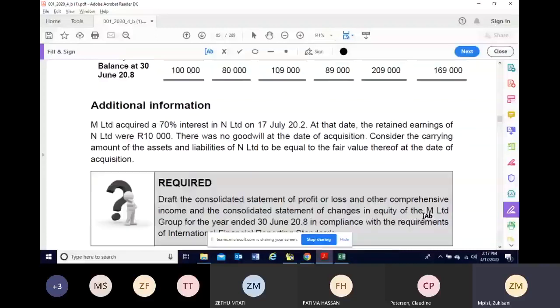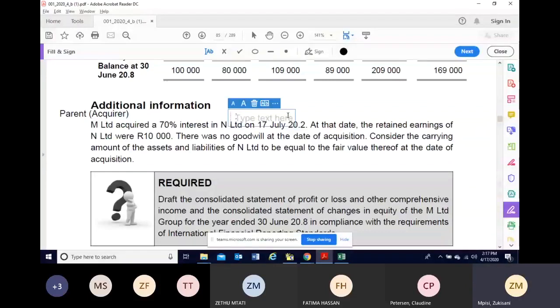Additional information. We are told MLTD acquired interest in NLTD, which means that MLTD becomes a parent or an acquirer, acquired 70% of interest in NLTD.